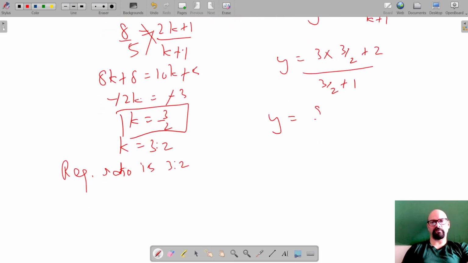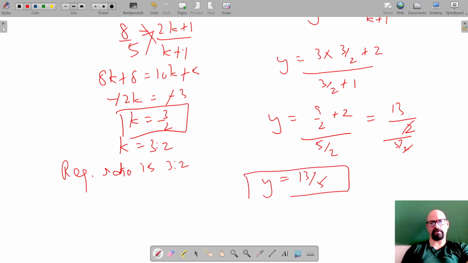So y is equal to (9/2 + 2) upon (3/2 + 1, which is 5/2), and this is equal to (9 + 4) which is 13, so this gets cancelled, and y is equal to 13/5. So the value of y is 13/5.